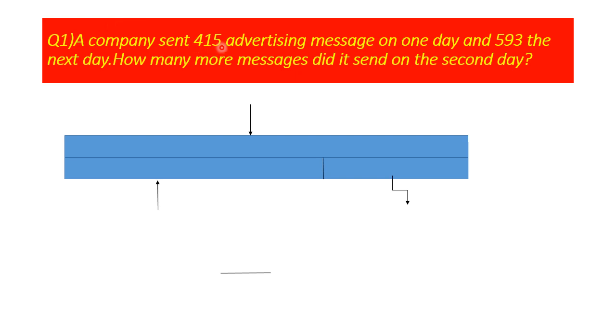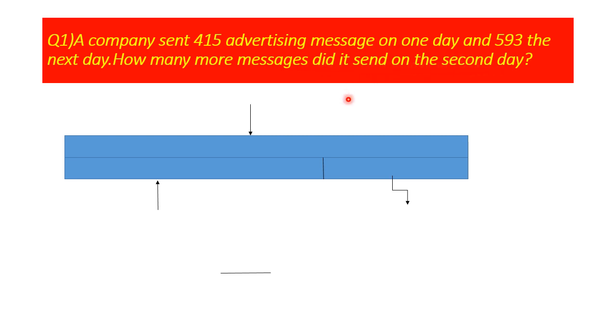So a company sent 415 advertising messages on the first day, and on the next day, which was the second day, the company sent 593 messages. I think from the information it is clear that on the second day it has sent more data as compared to the first day. So the question is how many more messages did it send on the second day?